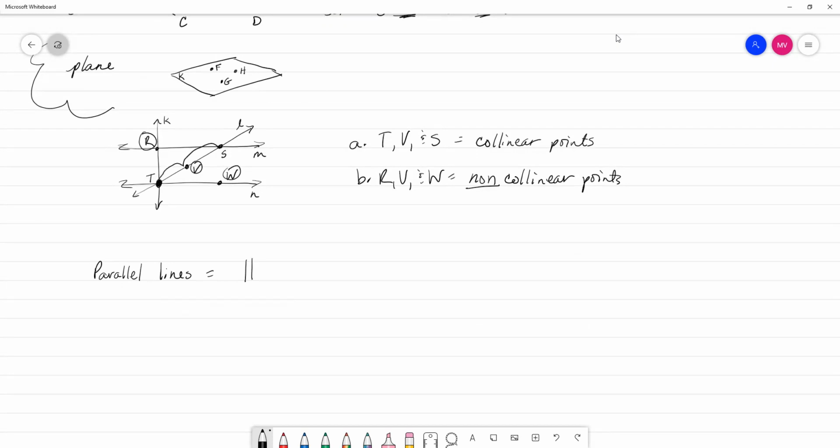And so that symbol means is parallel to. So if I said line CD is parallel to line AB, then you can expect the two to look something like this, where you have C, D, and A, B. They're perfectly parallel to each other.